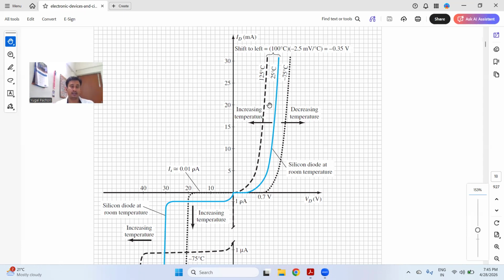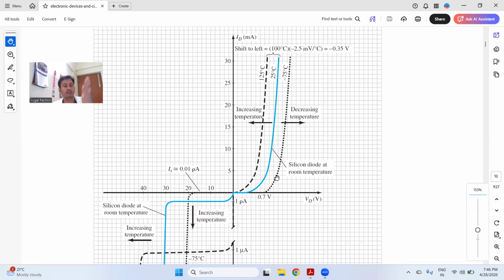So in conclusion, we can say that the properties of the semiconductor diode change with the effect of temperature. When the temperature is higher, the current increases faster, as you can see in the first characteristic. In the second, when the temperature is a little lower, it is increasing a bit slower. And when it is lower, the current is increasing very slowly.